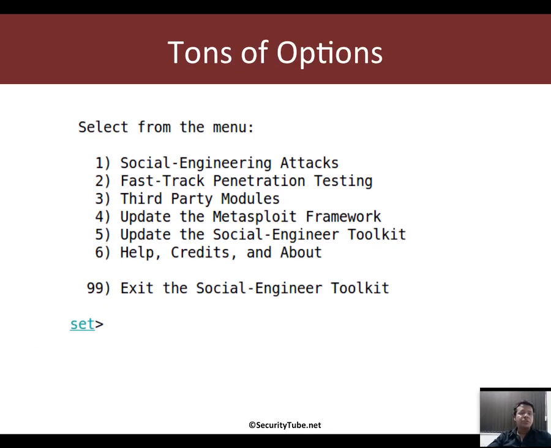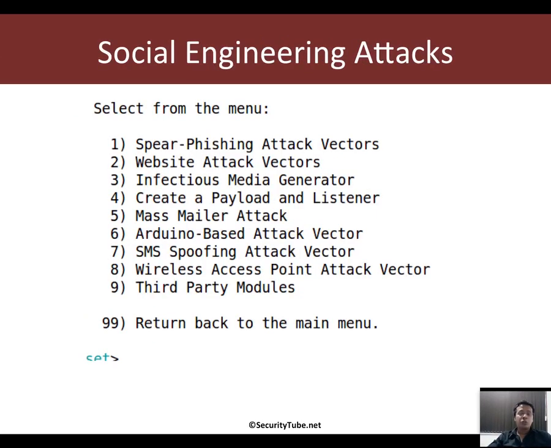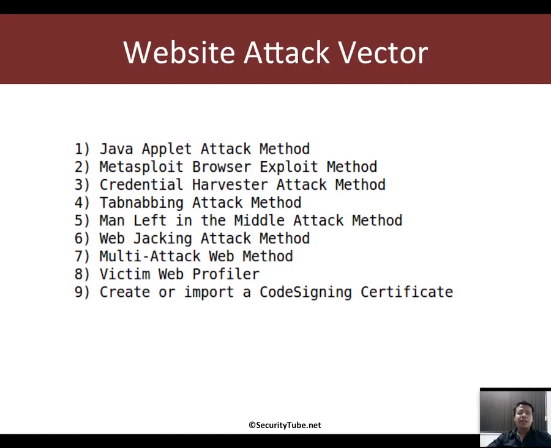When you start, you have social engineering attacks, and you have Fast-Track, which is another tool with which you can quickly break in and do a bunch of other stuff. If you go to the social engineering attacks menu, you will find a lot of options. The one we will take up in this video is the Java applet attack under website attack vectors.